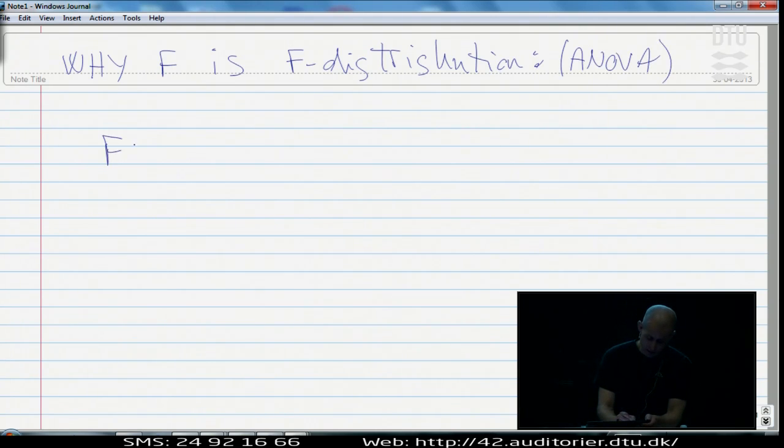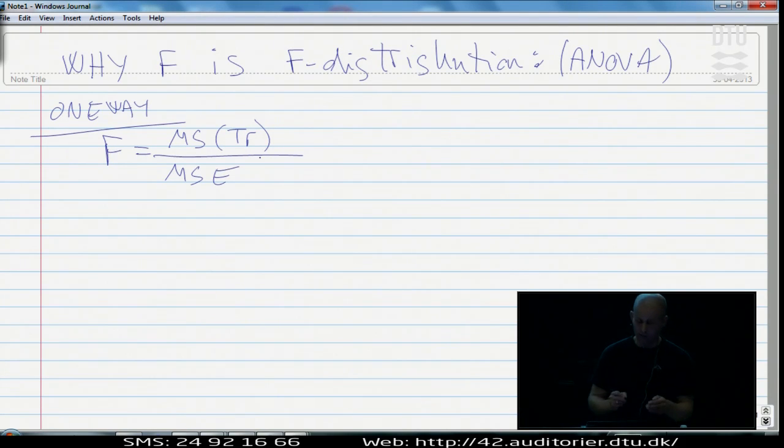I'll just discuss specifically the one-way ANOVA. We have seen that the F-statistic comes as the mean square for treatment divided by the mean squared error. That is the F-statistic, which measures how different the groups are versus the variability within groups.